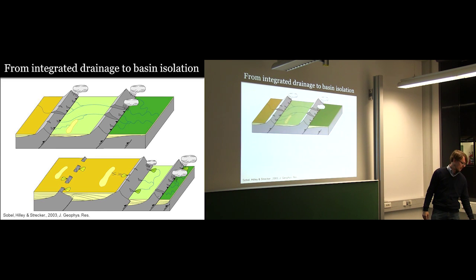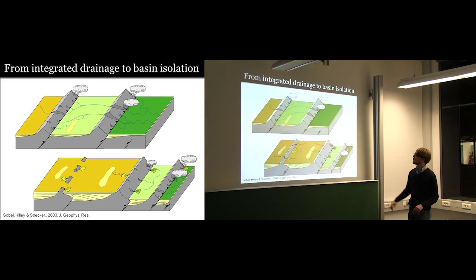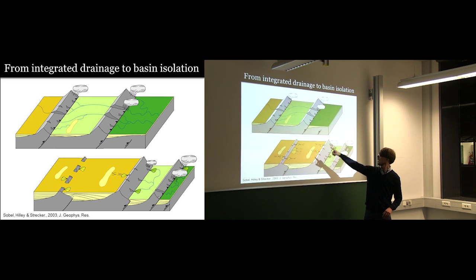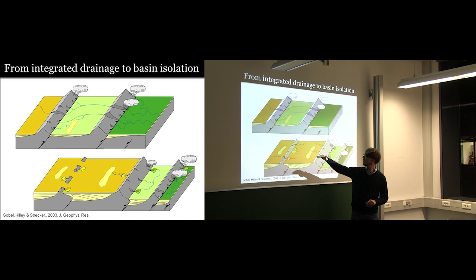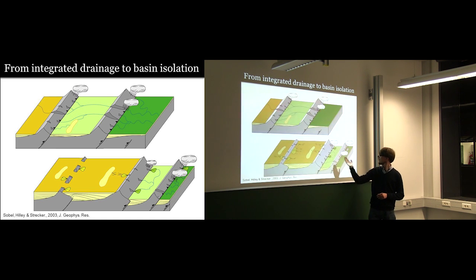However, at a certain point in time, you lose connectivity to the foreland, where your fluvial system is not connected anymore. You aridify the backside of it, and then you start filling these basins up with sediments. And again, you form a new thrust that blocks moisture from the backside.